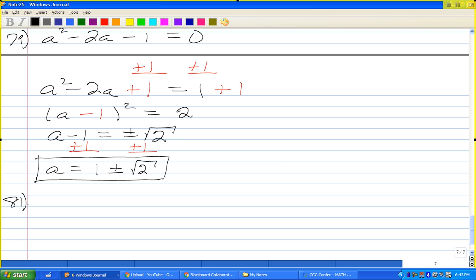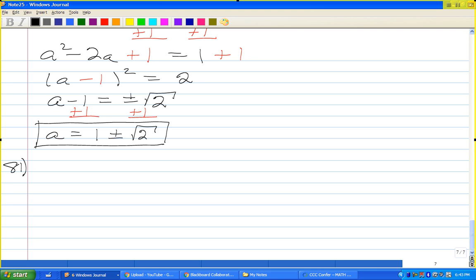81. x squared plus 8x is equal to 0. Okay, so let me complete the square.